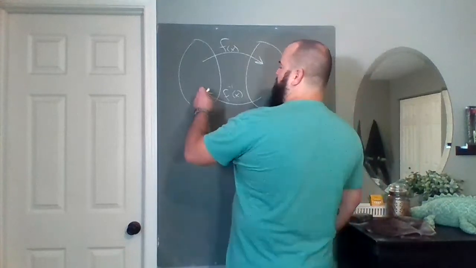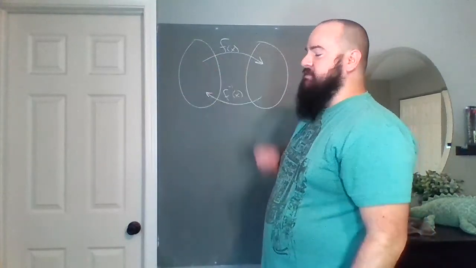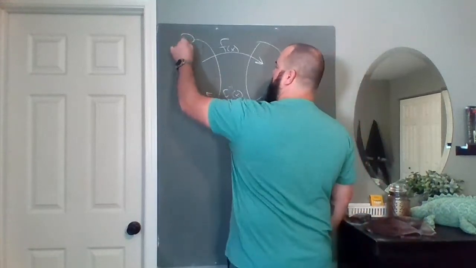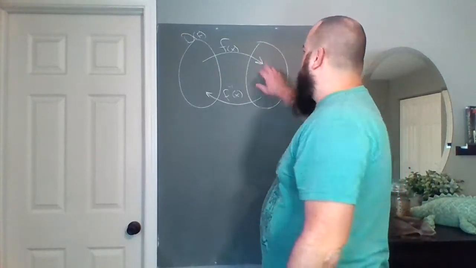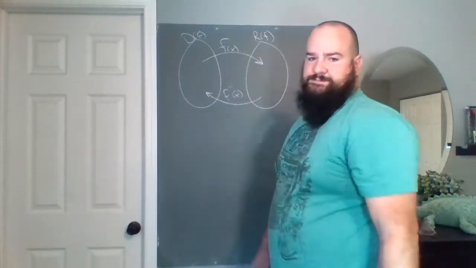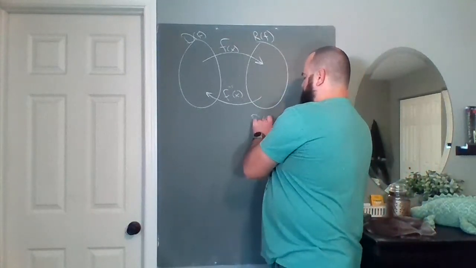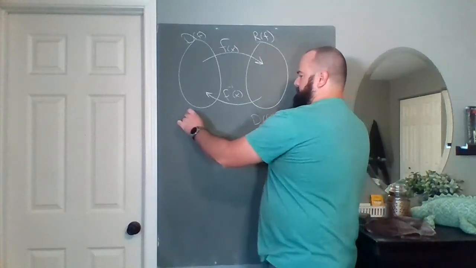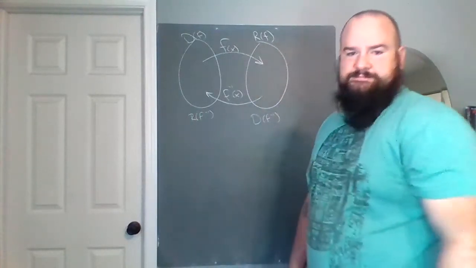If we think about this circle here containing everything in the domain of f, then this right here is the domain of f, and everything over here is in the range of f. The inverse is flipped.